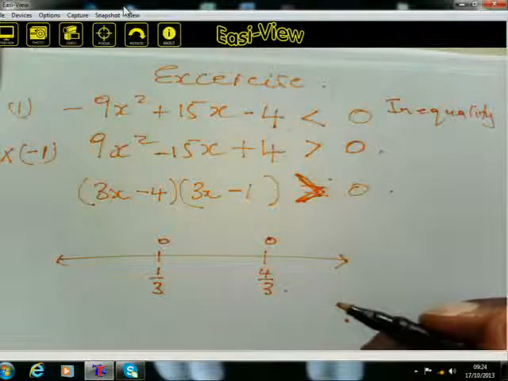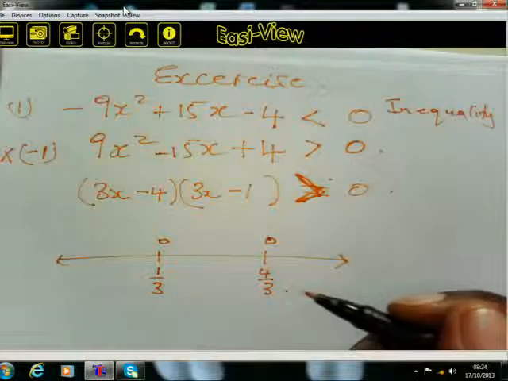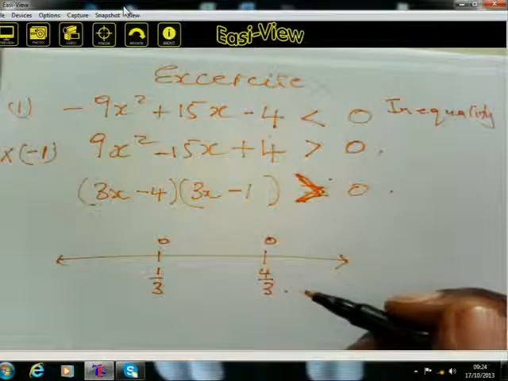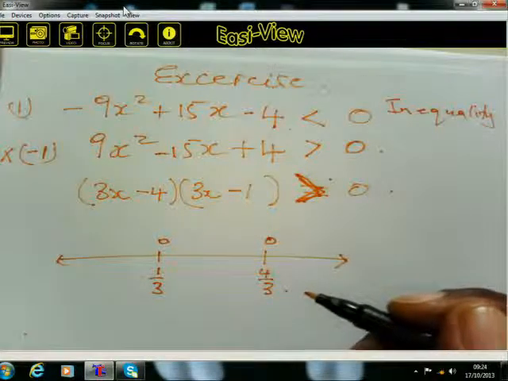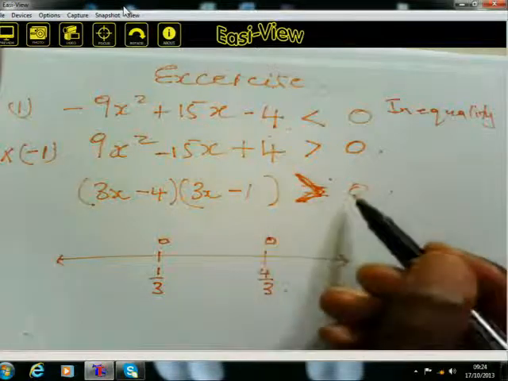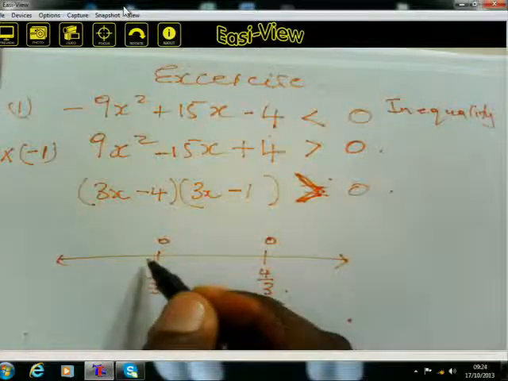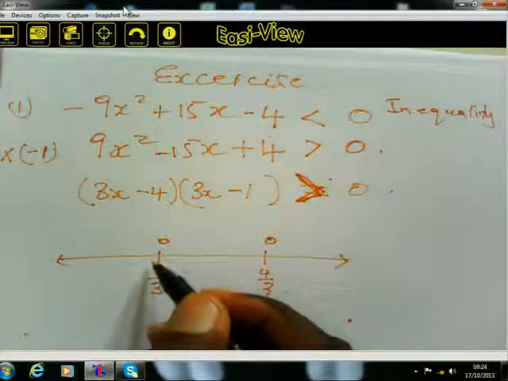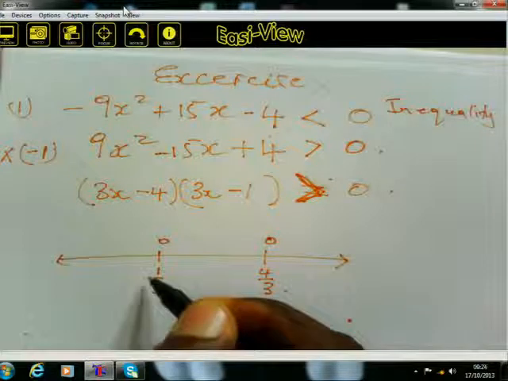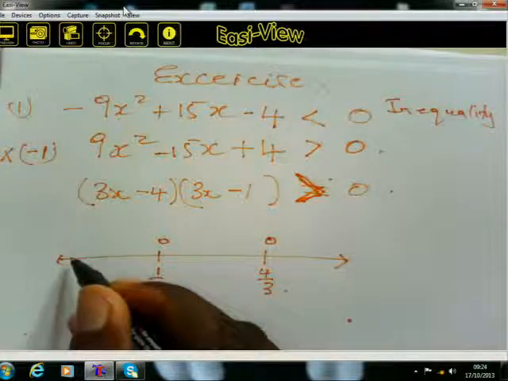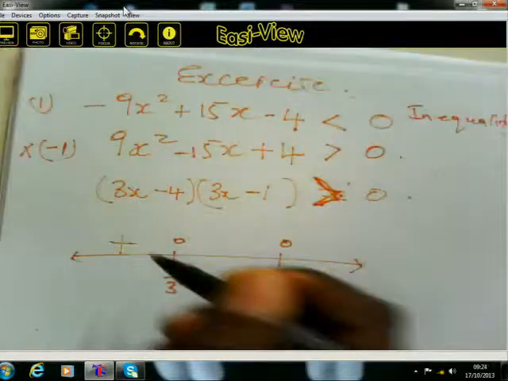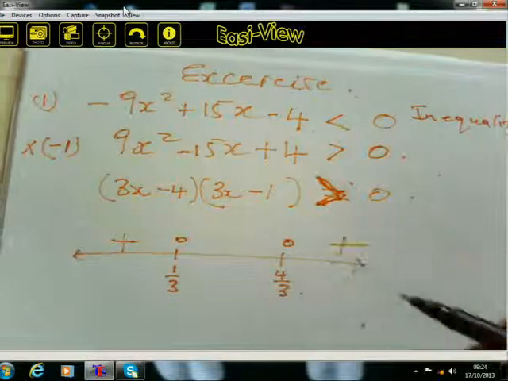All right. Now, what is going to happen there is this. Because I want something greater than 0, I'm going to consider this part here, excluding 1 over 3, to the left-hand side. So this is going to be positive, and this is going to be positive.